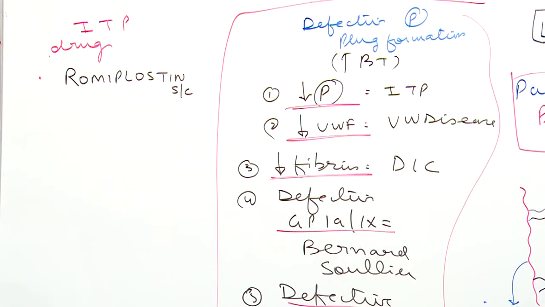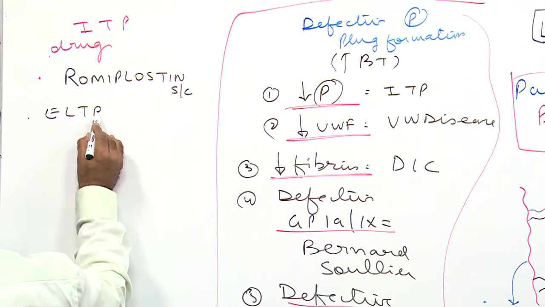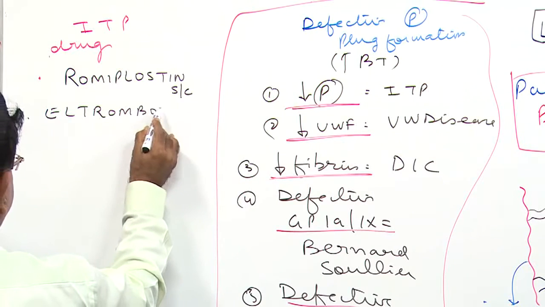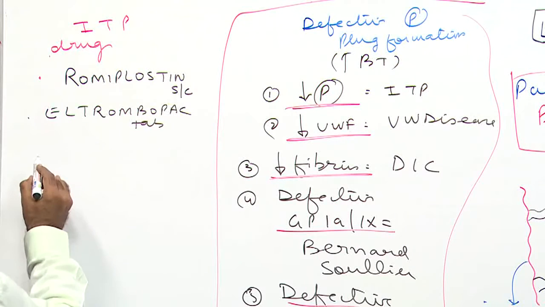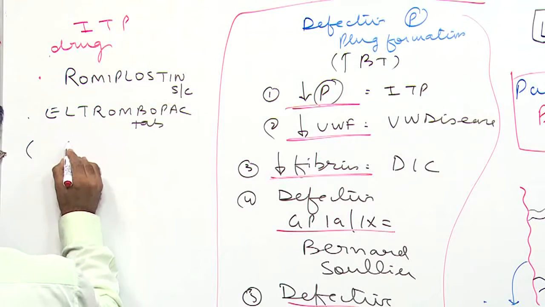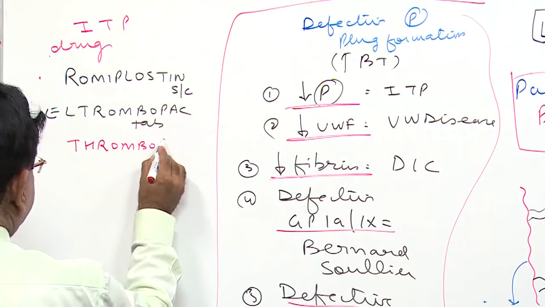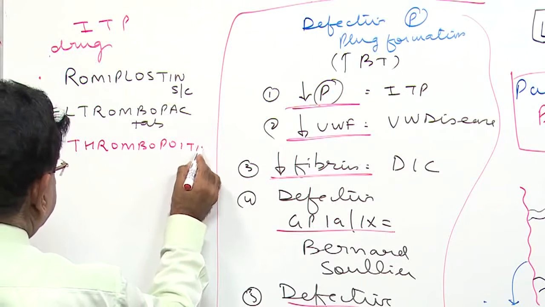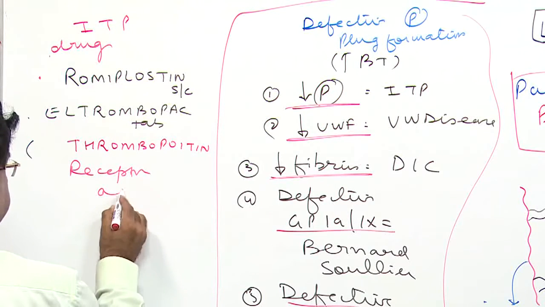Second is eltrombopag. It's a tablet. Both these drugs are thrombopoietin receptor agonists.